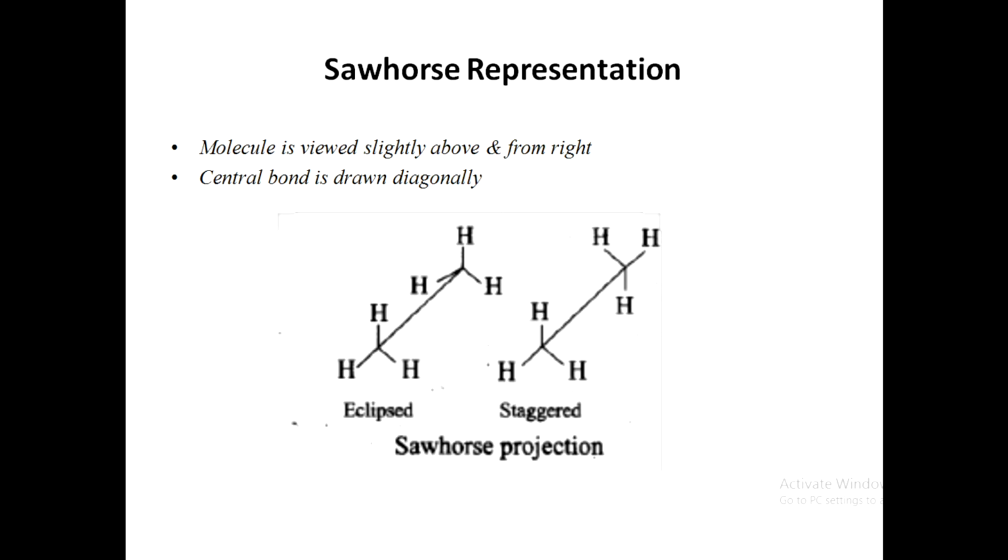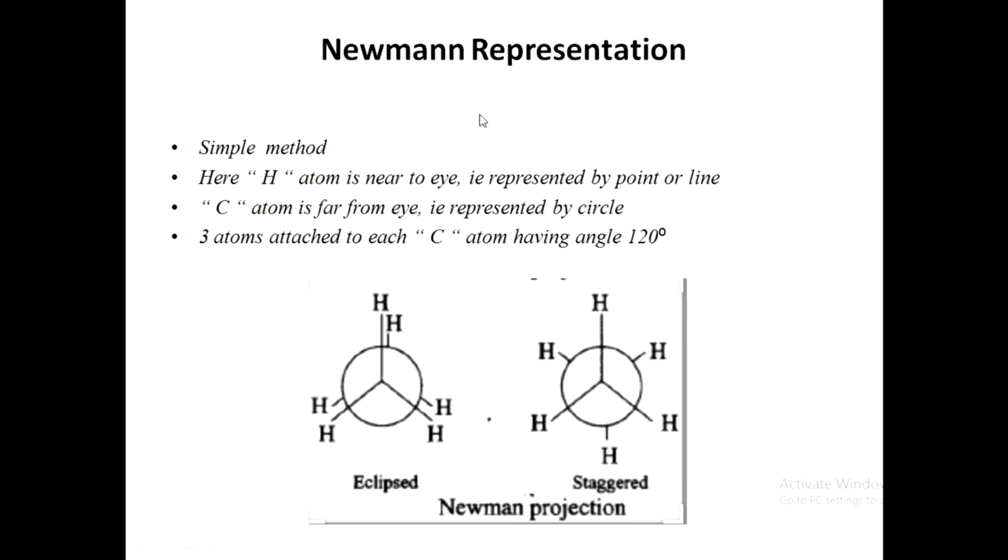Next is the Sawhorse representation. Here the molecule is slightly viewed from above and from the right. The central bond is drawn diagonally. You can see it from the figure, and this is staggered because the hydrogens are far apart, and this is eclipsed. Newman projection is a very simple method of representation. Here the front carbon atom is very near to our eye, and its bonds are represented by a point or a line, and the rear carbon atom is very far away from our eye.